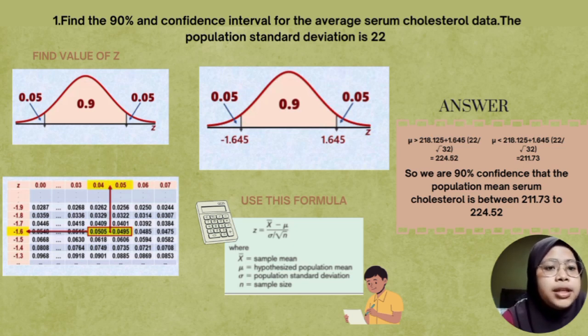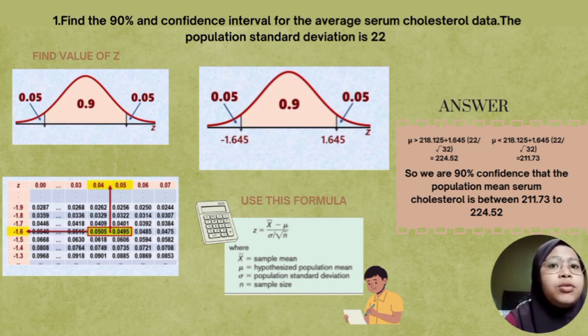Looking that value up in the Z table, we found that 0.05 lies between 0.0505 and 0.0495. That's between the Z scores of negative 1.645 and positive 1.645.